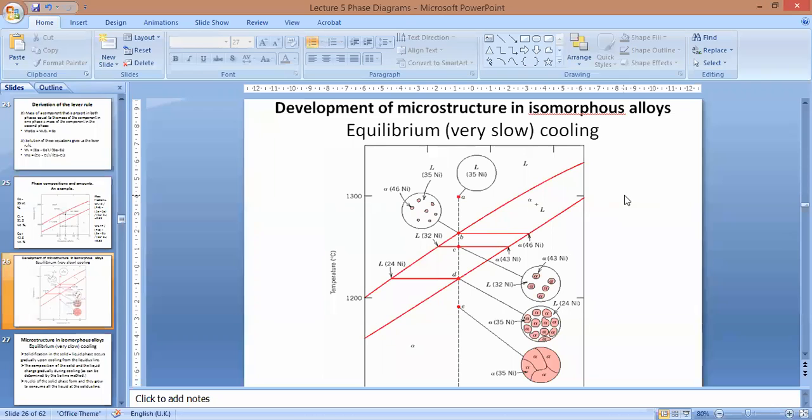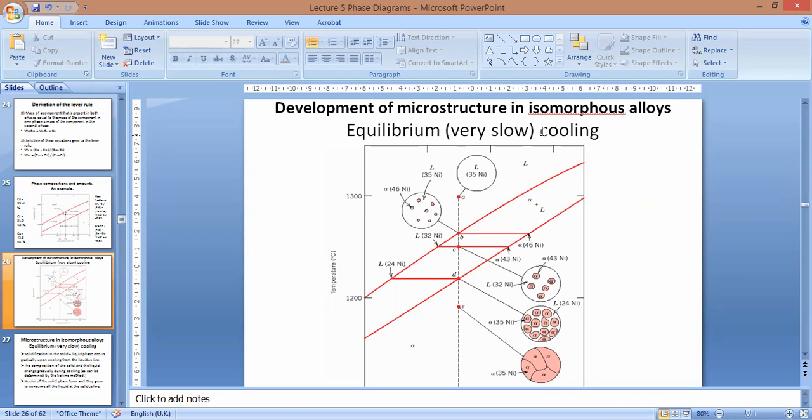Understood. Okay, all right, so development of microstructure in isomorphous alloys. We're now going to look at the development of the microstructure in the isomorphous. Remember, isomorphous is solid solubility, where you have two components dissolving into each other without limits. And the other condition here is that we're looking at equilibrium or very slow cooling.